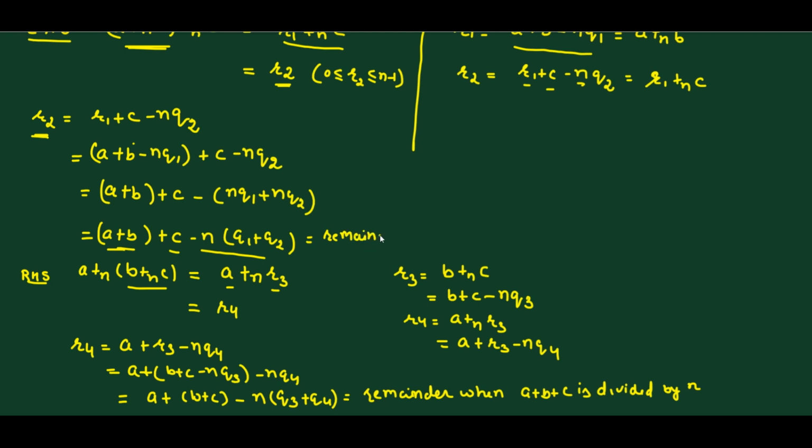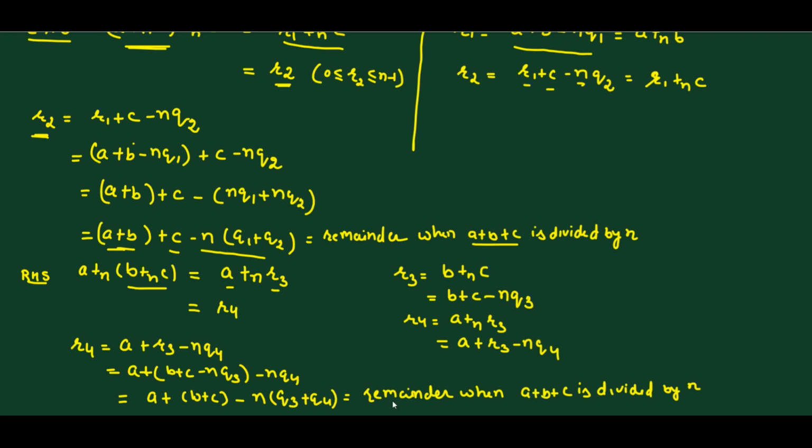Now since R2 is also the remainder when A plus B plus C is divided by N, and R4 is also the remainder when A plus B plus C is divided by N. Since the number A plus B plus C is the same and every time you are dividing by n, you will get the same remainder, because the remainder is always unique.